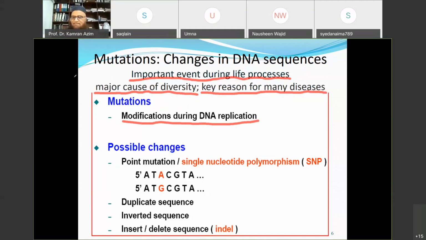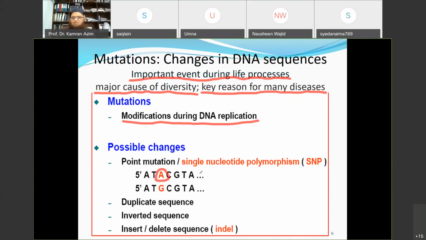When one nucleotide is changed into another nucleotide, as over here you see in the DNA sequence, A is here in this position.